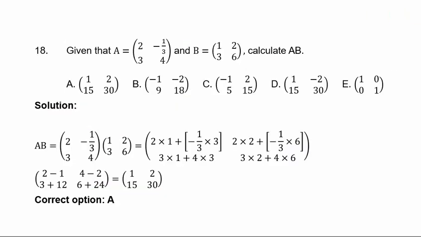Question 18. Given that matrix A is equal to this and matrix B is equal to this, evaluate AB.